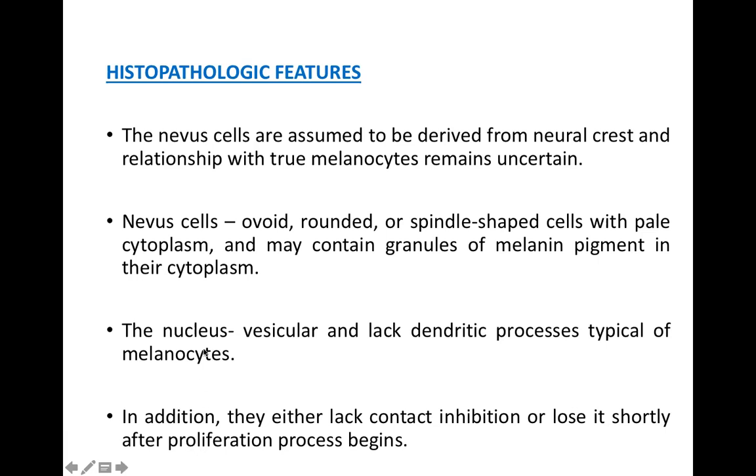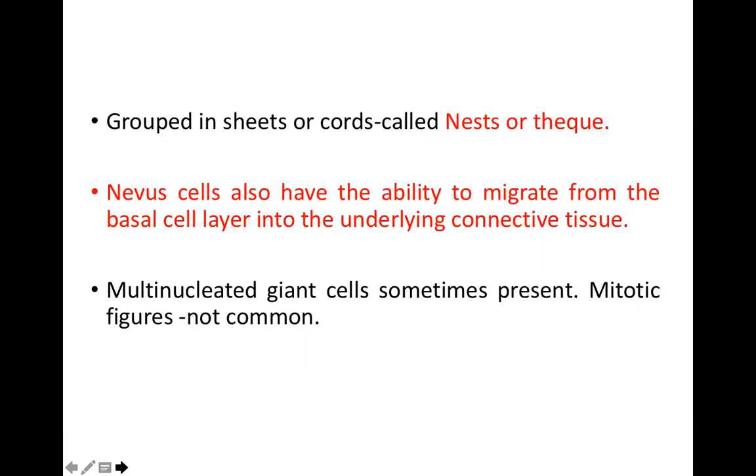In addition, they either lack contact inhibition or lose it shortly after the proliferation process begins. They are grouped in sheets or cords called nests or thecae. Nest cells also have the ability to migrate from the basal cell layer into the underlying connective tissue. Multinucleated giant cells are sometimes present, and mitotic figures are not common.